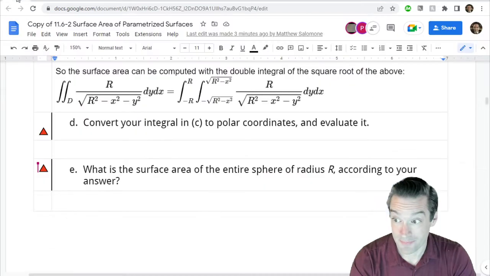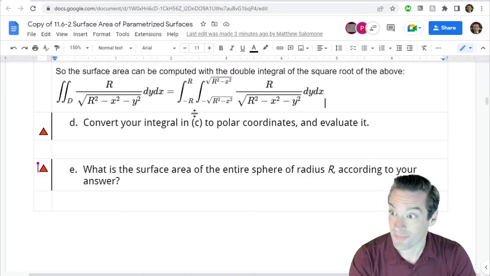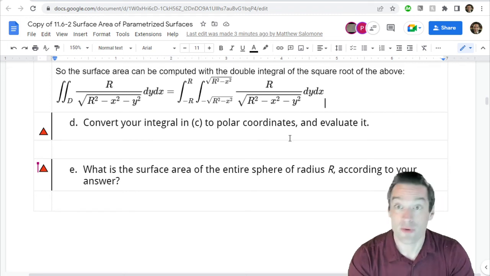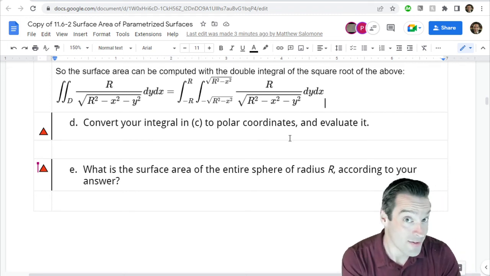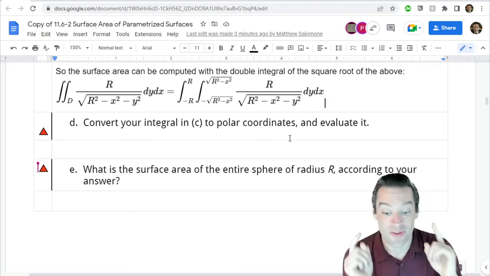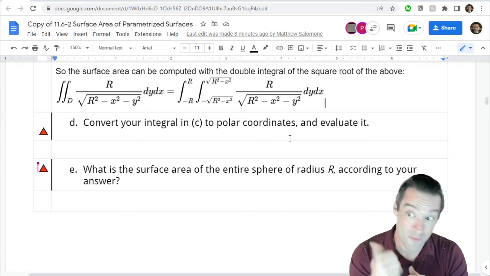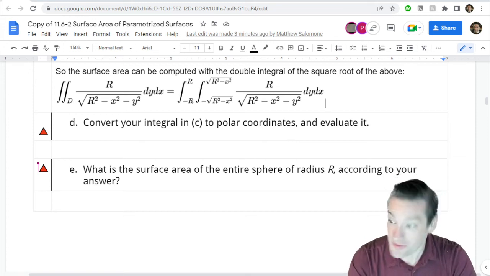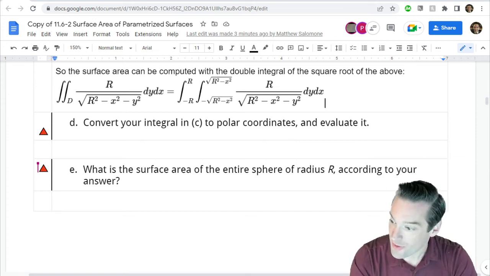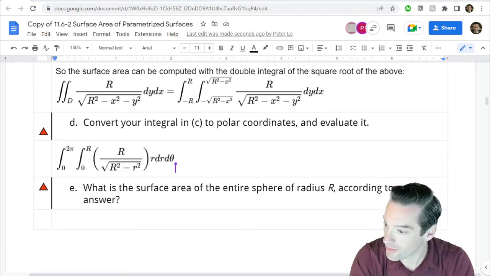Not only is that going to give us some nicer limits of integration, when you transform the integrand and the area element dy dx, I think you'll find that the antiderivative problem that we end up with is actually much more doable than the one that we have here. So let's get started on converting this into polar coordinates and rendering it a possible integral.